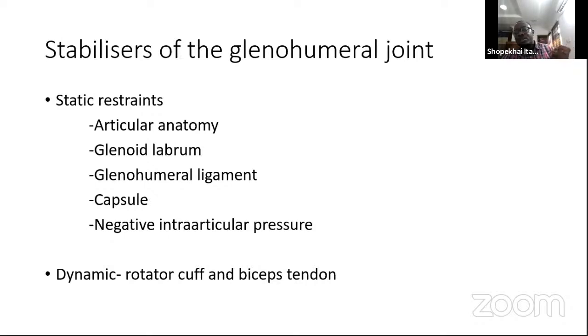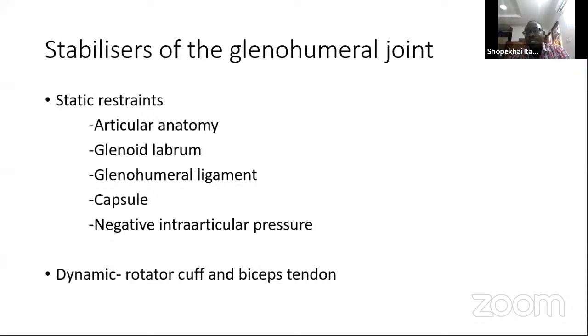Dynamic stabilizers include the rotator cuff and the biceps tendon, and that's very important to note because the rotator cuff prevents superior migration of the humeral head, and by so doing helps to stabilize the shoulder joint when the deltoid muscle is activated.